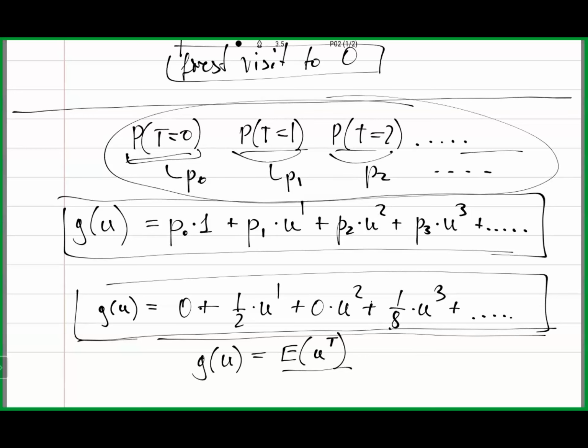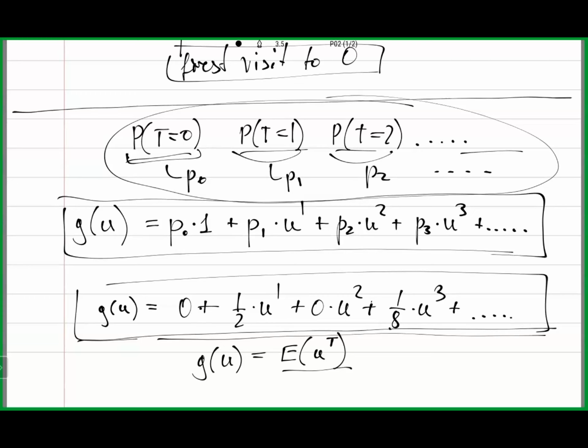And so we will look for this function, we will find this function, and we will extract probabilities stored in this function like in a bag. So this function plays the role of the container of all probabilities.